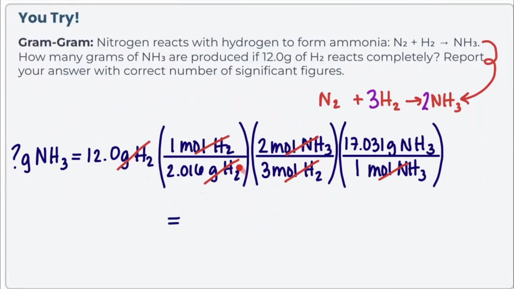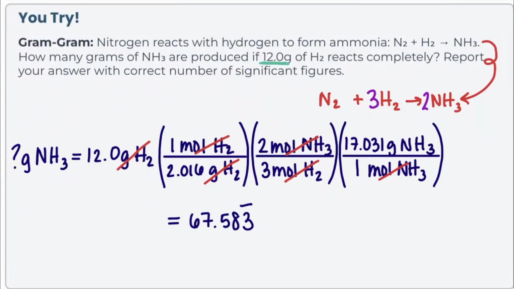So we have 12 divided by 2.016 times 2 over 3 times 17.031. And you end up getting about 67.583, and it repeats, right?